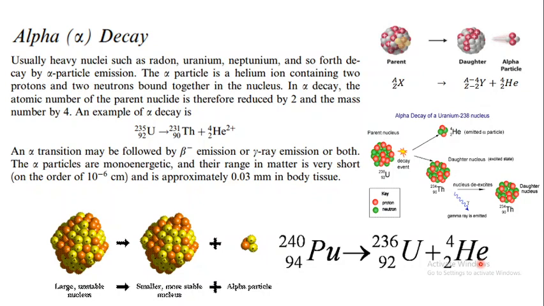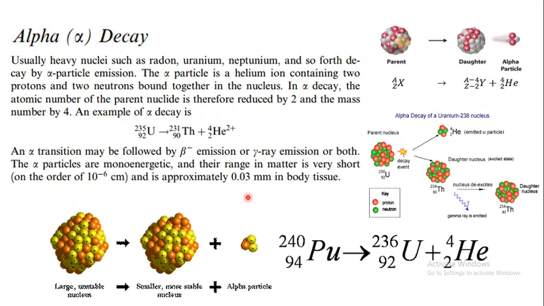Due to this, nuclear medicine has proceeded very efficiently in this regard, particularly with respect to the alpha decay process. As you know, alpha particles only penetrate 0.03 millimeter in body tissues.